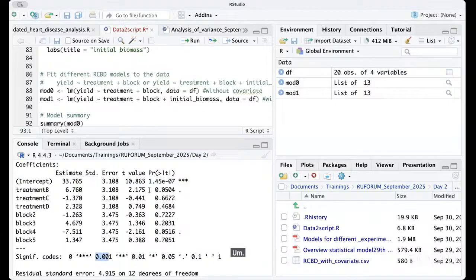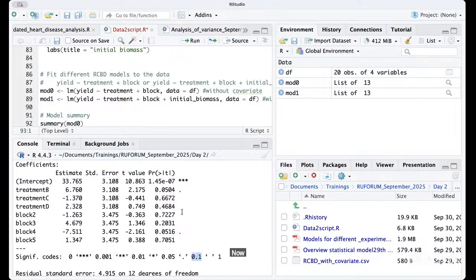Treatment B has a dot, which means treatment B is different at 10%. Block number 4 also has a dot, which means it's at 10%.